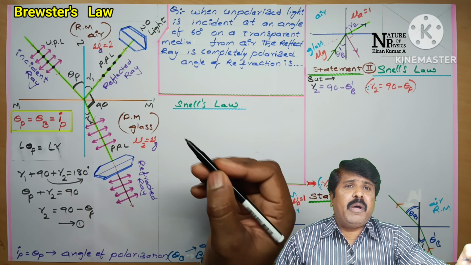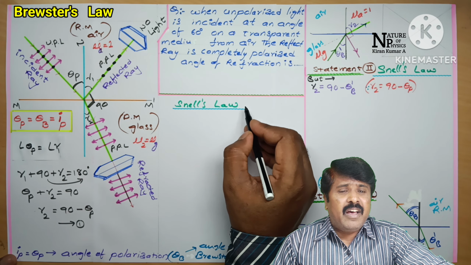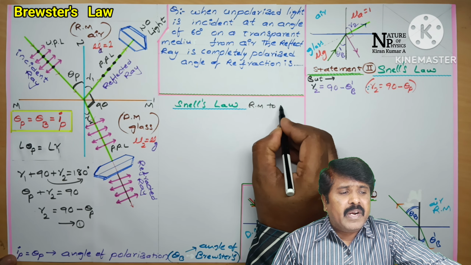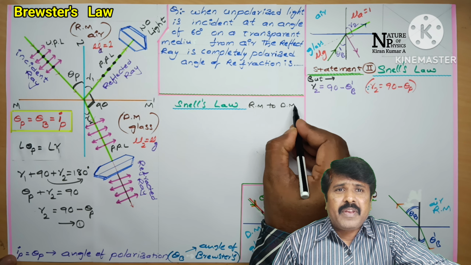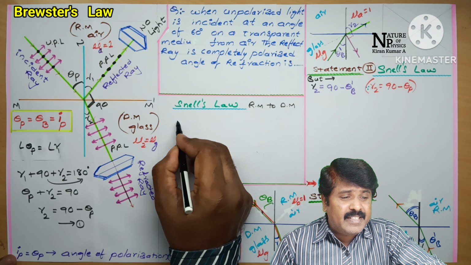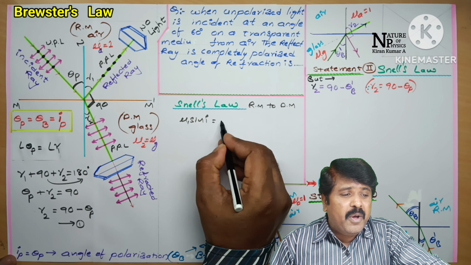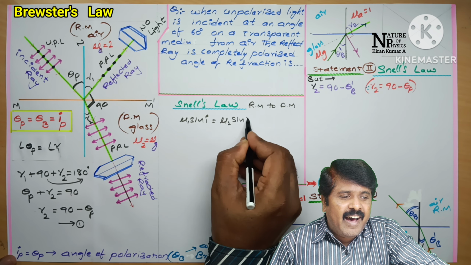Okay, and I am also going to apply Snell's law when light is traveling from the rarer medium to the denser medium. See student, the basic formula is mu1 sin i is equal to mu2 sin r.